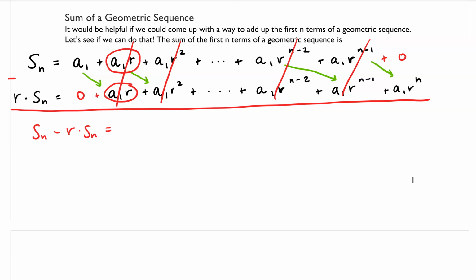So what is left on the right-hand side of the equation? Well, we have a sub 1 minus 0, which is just a sub 1. And then here, if I do 0 minus a sub 1 times r to the n power, that's just going to leave me with this.